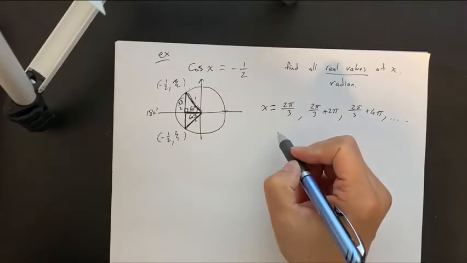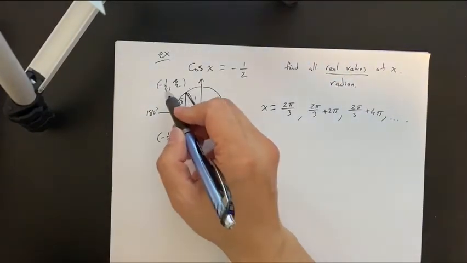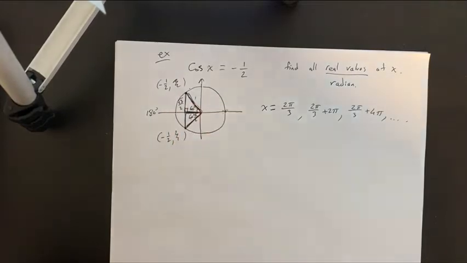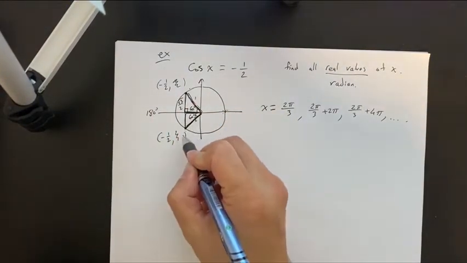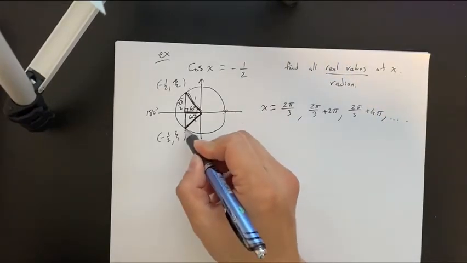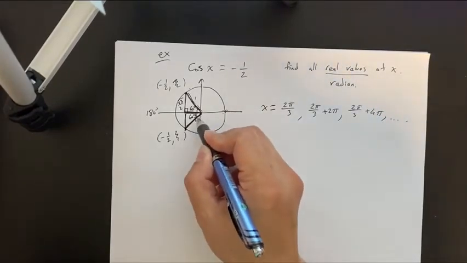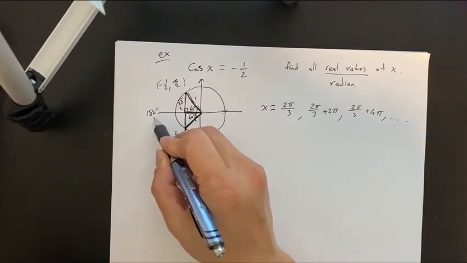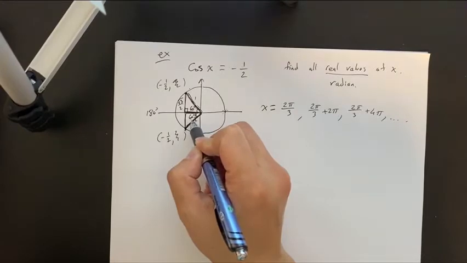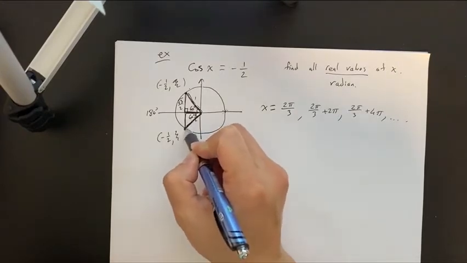Okay, well, that is not the only position that would give me the x value as negative 1/2. Here you have the second position in the third quadrant, and to get to this position, it is 60 degrees more than 180. So that's really 240, but that's in degrees.